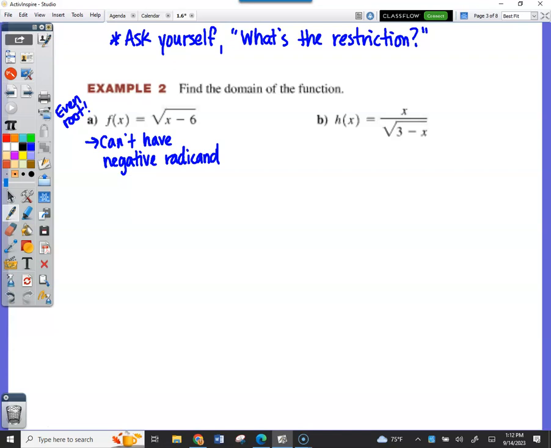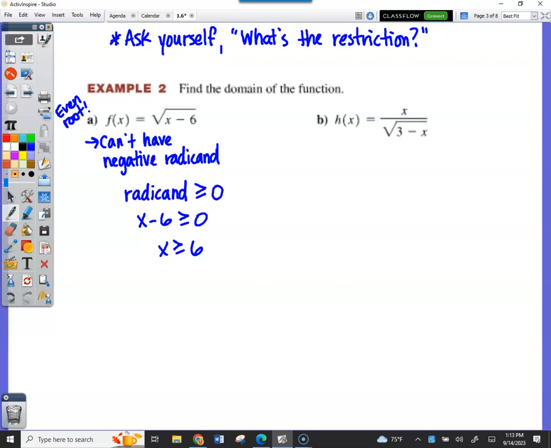So we're going to go from what is allowed. We're going to set the radicand greater than or equal to 0 and solve it. And that's our domain. That tells us what numbers are allowed to be plugged in, because no matter what comes out of that, it would keep the radicand either at 0 or positive. So that would be x minus 6 is greater than or equal to 0, and you would solve that.